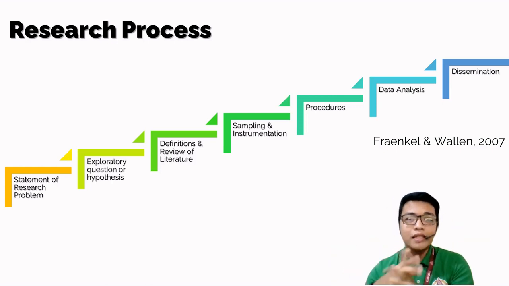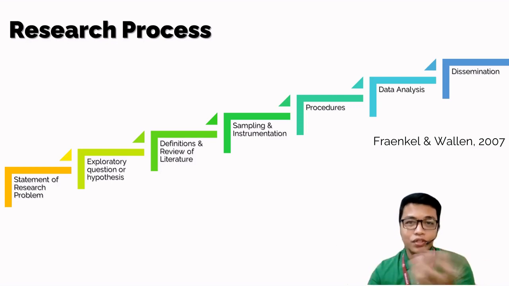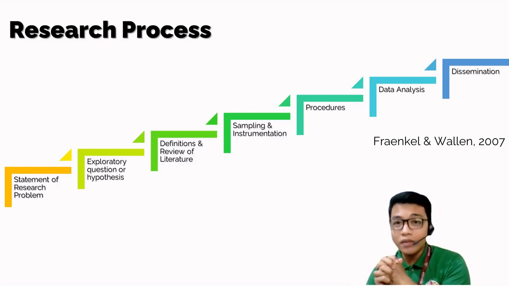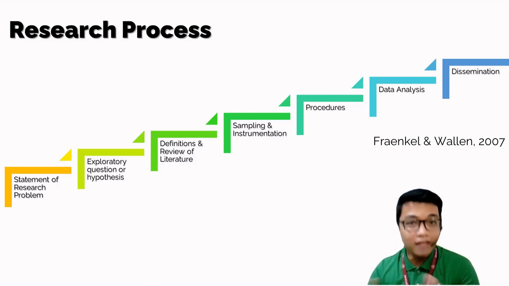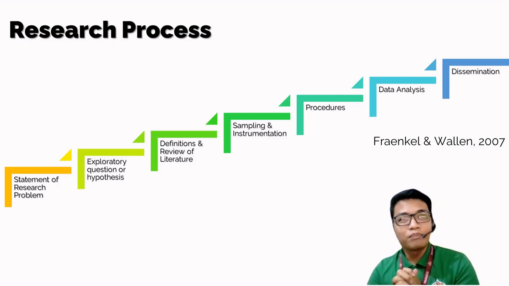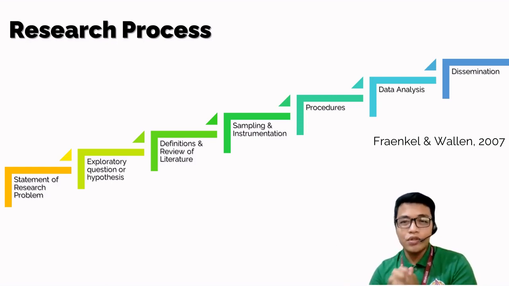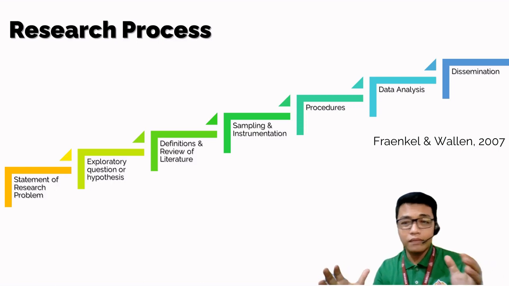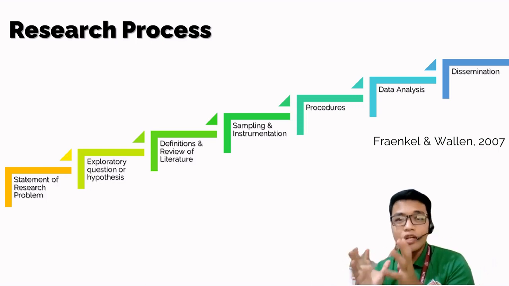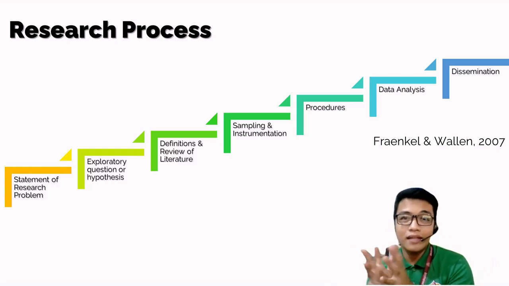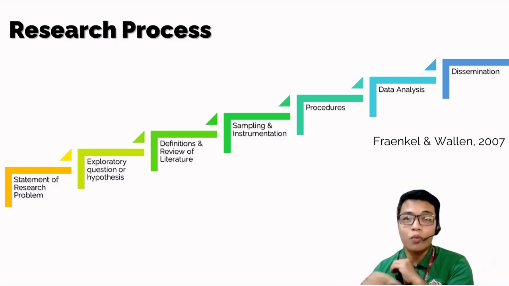Once you collect your data, of course, considering that you also followed ethical procedures to make sure that your data collection processes are humane and generally acceptable in their ethical standards, you are done with your data gathering procedures. Then you analyze your data. And once you analyze your data, you can then write your final report and disseminate the answer to your question.